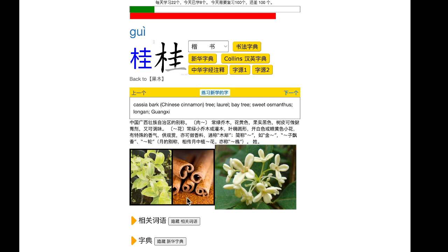So usage a little similar to cinnamon. It also refers to this. This is a sweet osmanthus, I think this one, which is gui hua, I believe. There's a few different plants that have this character in their names. Jingui. I don't have pictures of all of them though.